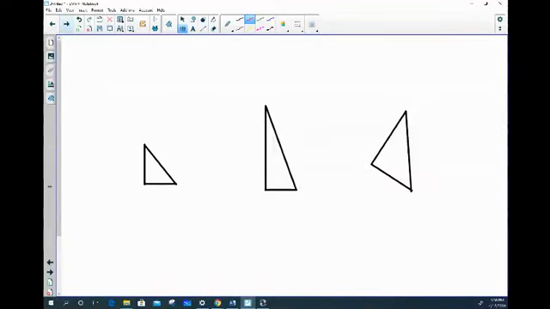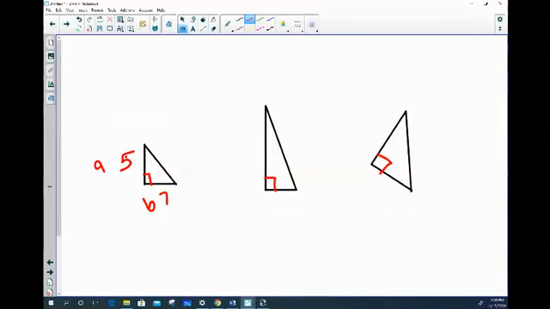So now let's look at a couple of triangles to try and figure out how they work. I'm going to tell you that these are all right triangles. They're all just different sizes and different lengths. So let's say, for example, this side is 5. We'll call it side A. And this side B is 7.